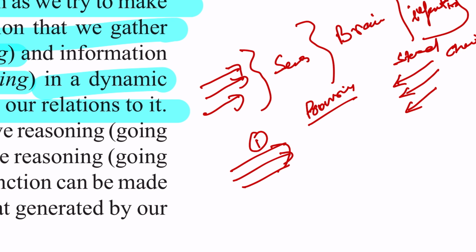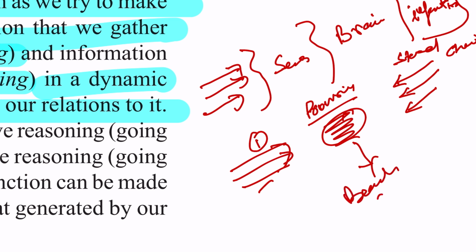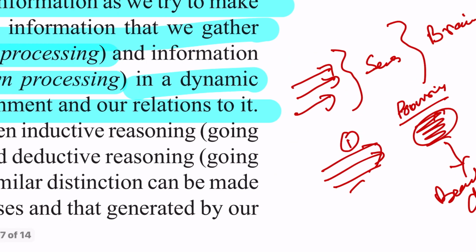Then that information goes into your brain, and your brain finds related information from memory and processes it, and the result is that you identify it as a beach chair. It is a chair, but it is a beach chair because it is used at the beach, right? So this is the thing.